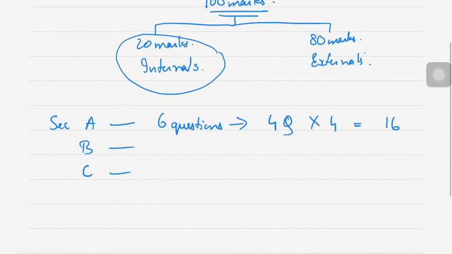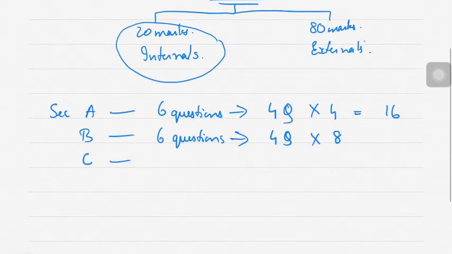Section B again has 6 questions, out of which you have to attempt minimum 4 questions, and each question carries 8 marks. So again Section B is for 32 marks.